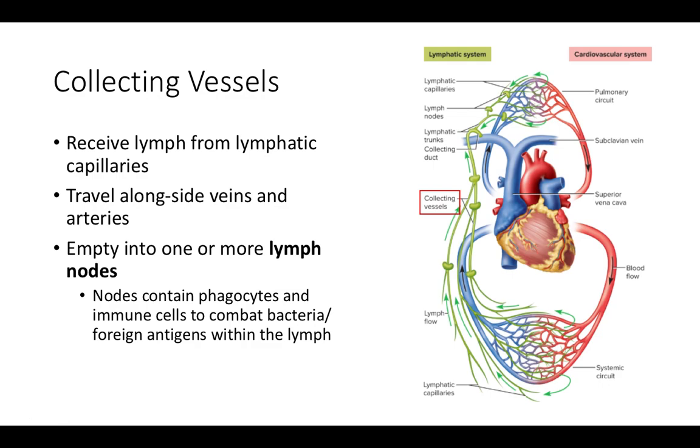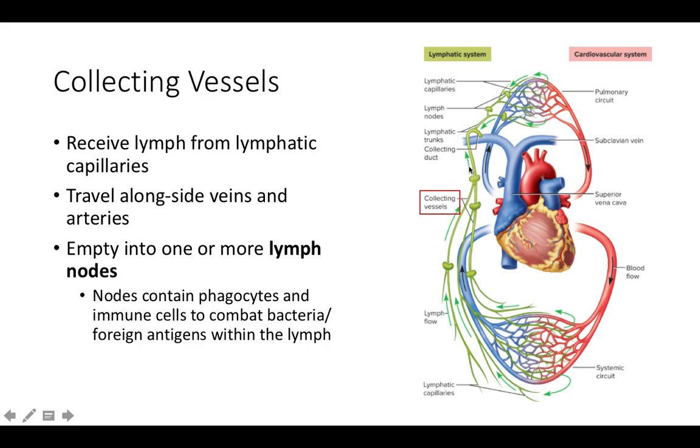So the first of those vessels that we'll talk about is the collecting vessels, and they receive lymph from these lymphatic capillaries, right? So here's our lymphatic capillaries, here's our collecting vessels, and these collecting vessels travel alongside the veins and arteries, all right? So that's going to become important later, and we'll talk about that in a little bit, but basically what you need to know about these collecting vessels is that they pass through all of these little nodes.